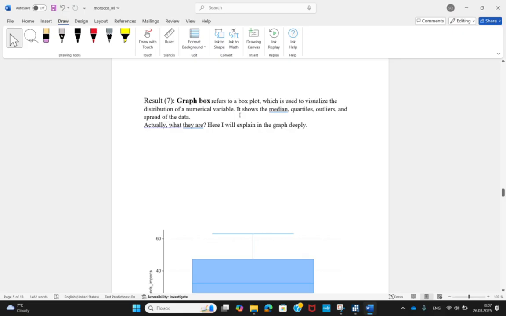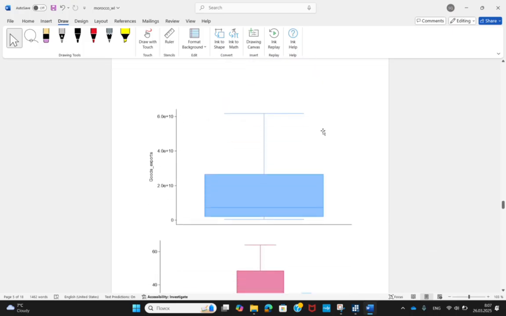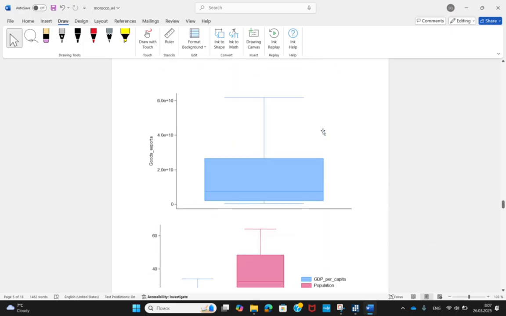And result 7, graph box. A graph box refers to a box plot, which is used to visualize the distribution of a numerical variable. It shows the median, quartiles, outliers, and the spread of data. I will explain it step by step.